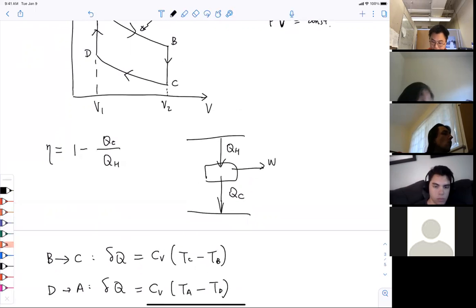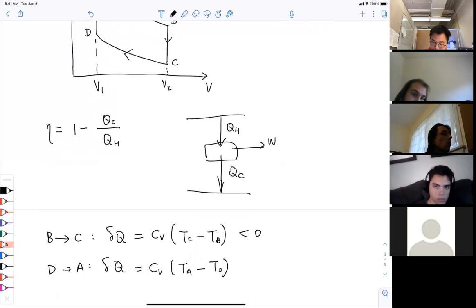TC minus TB is a negative number, and TA minus TD is a positive number. Negative means it's releasing energy to the environment, right?